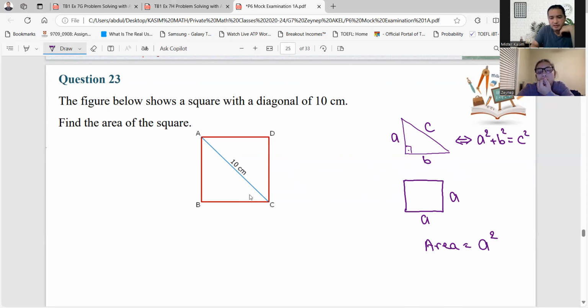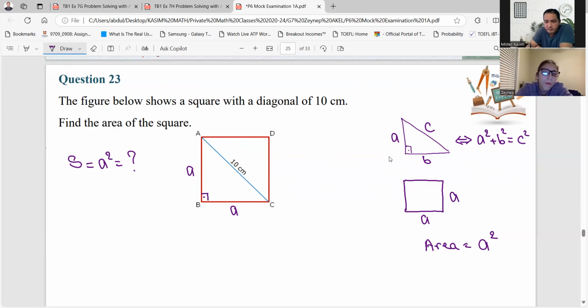The diagonal is given, and we know that this angle is 90 degrees. ABC is a right angle triangle, and if BC is equal to A and AB is equal to A, because all sides are equal, what is the area? The area of this square is A squared. We're trying to find A squared.